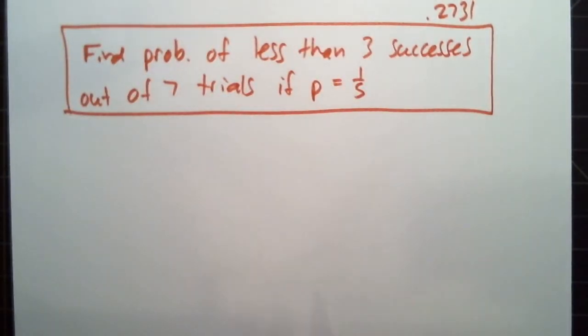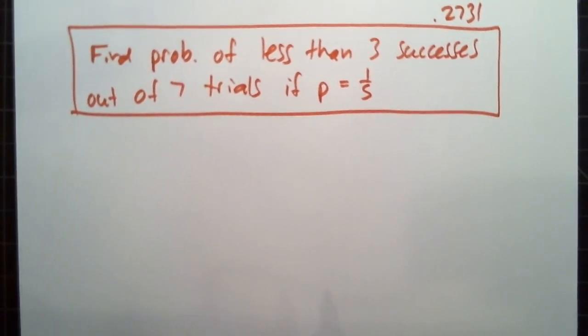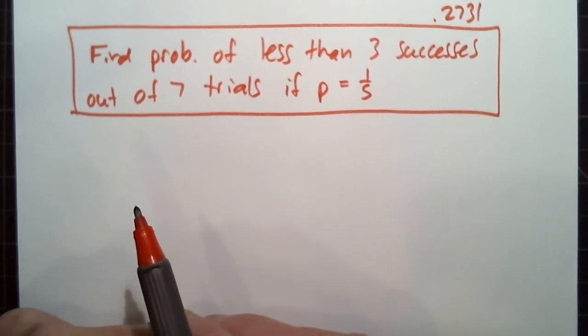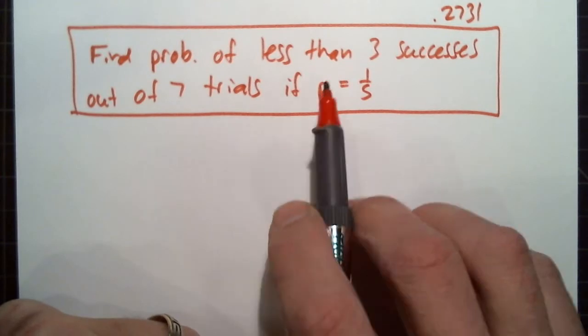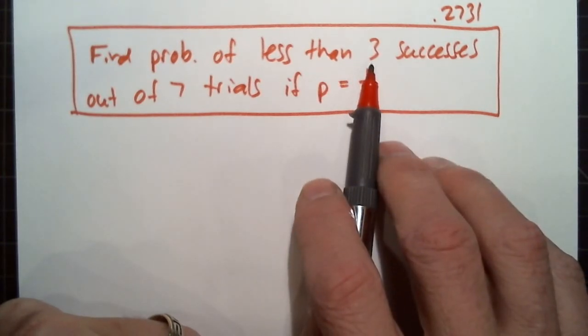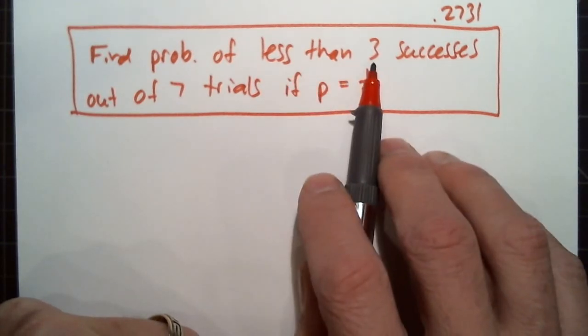Now this is looking at multiple possibilities. Previously we wanted exactly X outcomes. Here we want less than 3. That means it could be 0, 1, or 2 successes.